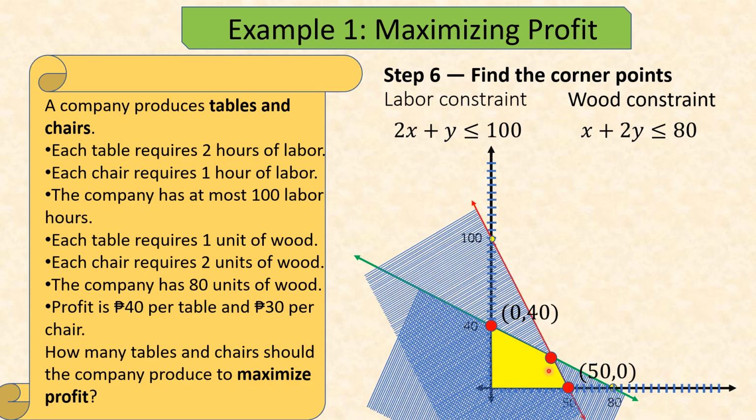Then here, to get this, we need to find the intersection of these two equations. So we need to solve for the values of x and y of these two equations.